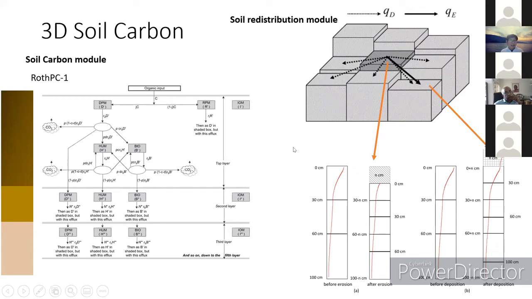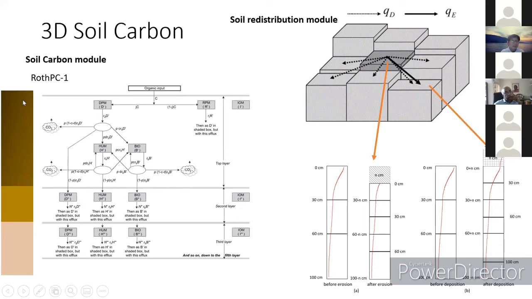This is another example where we can also run a carbon model. This one is a semi-mechanistic model, not necessarily a full model, where we can run a soil carbon model on the landscape, including erosion.